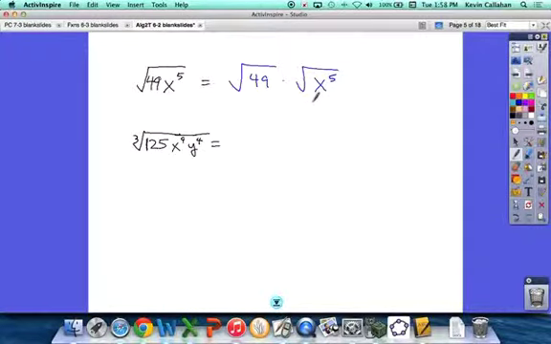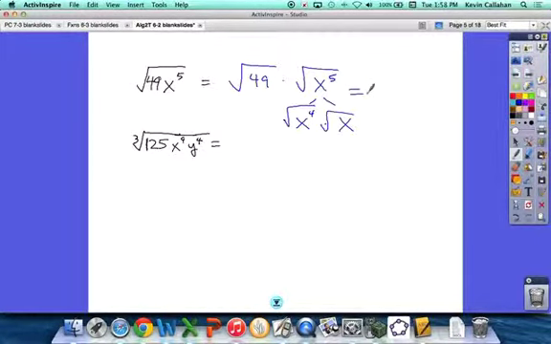So we want to split this up into x to the fourth times x. But you want maximum simplification. In your mind, you may say, I'm going to do x squared, but if you have x squared times x to the third, you still have some simplifying to do. You want maximum simplification.